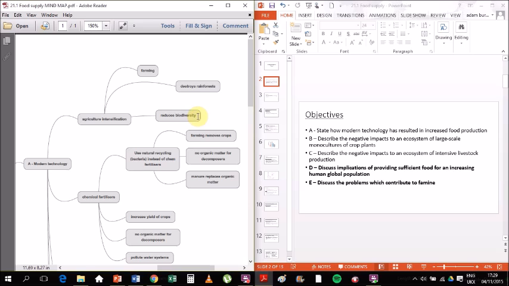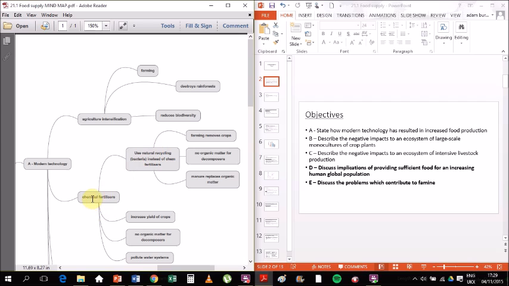That could be within the organism species, so variety between their genes, or it could be variety between the different species in the population. So you could have lots of different types of species, as well as different characteristics within each species. So agricultural intensification to produce more food from farmland reduces biodiversity.